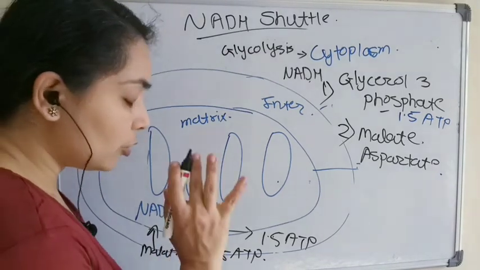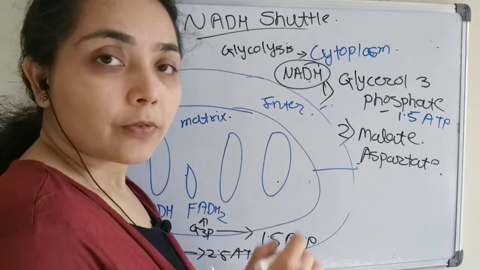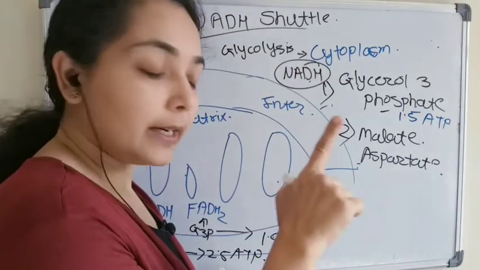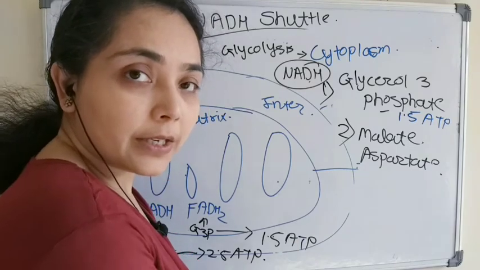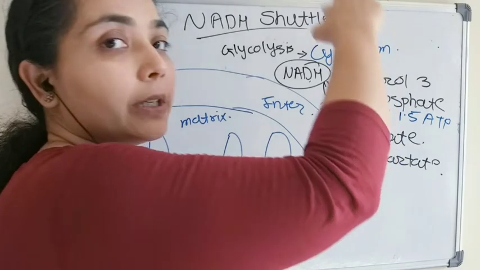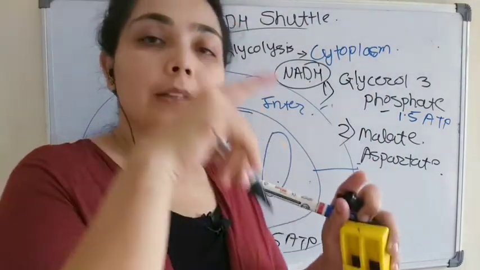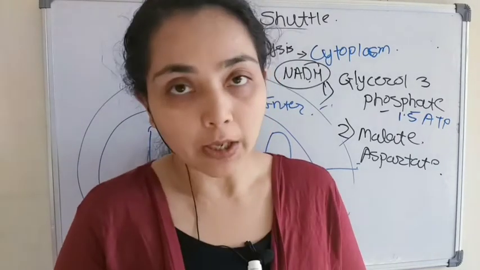So though it is NADH from cytosol, it will produce a different ATP, different energy level depending upon which type of shuttle system it will take. And which shuttle system it will take depends upon the tissue type.